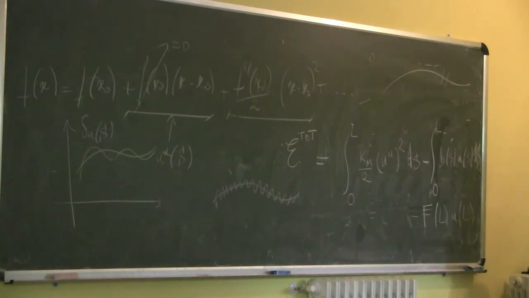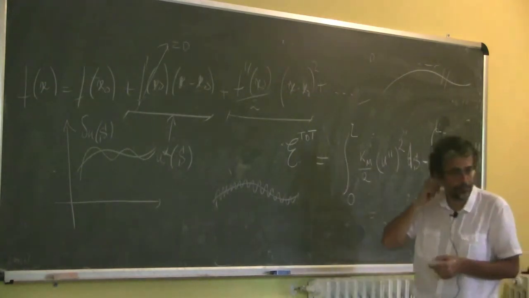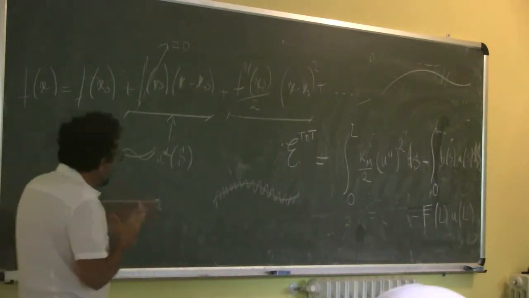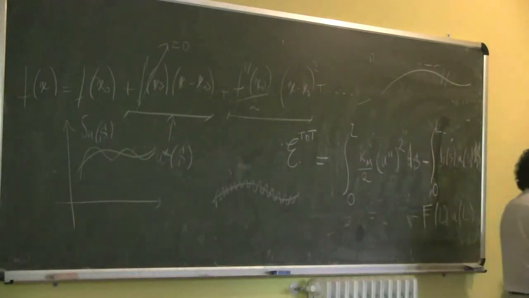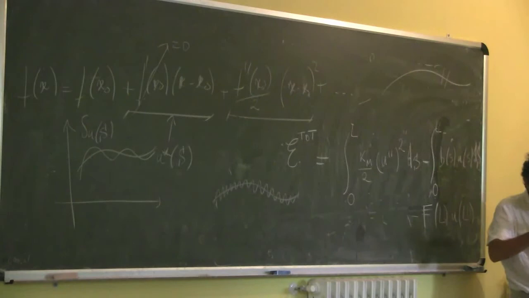Lagrange did not know the theory of Sobolev, but he applied it in the right way. He managed to deduce a condition for minimality, which is the right condition, without having learned the theory of Sobolev spaces. Or, in a sense, he was inventing parts of the theory of Sobolev.